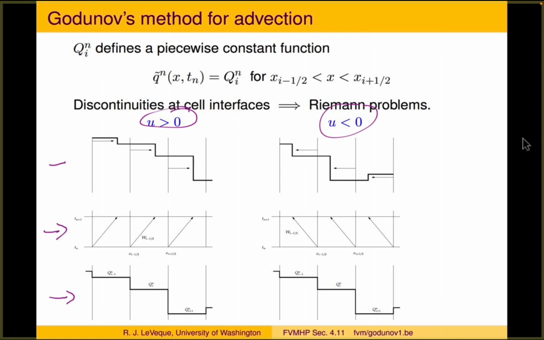And the top picture shows the solution at time tn plus 1, delta t later, where each one of these discontinuities has shifted to the right by a distance u times delta t, if u is the advection velocity. Or if u is negative, then each discontinuity shifts by u times delta t to the left rather than to the right.